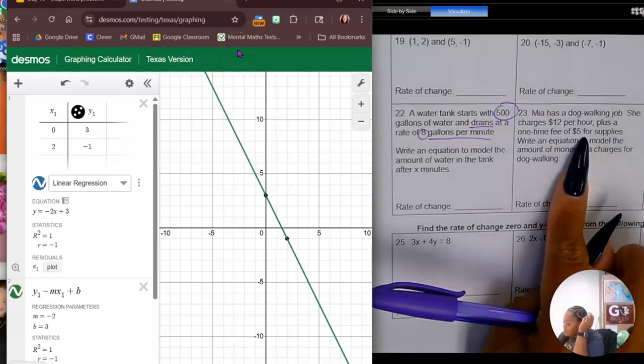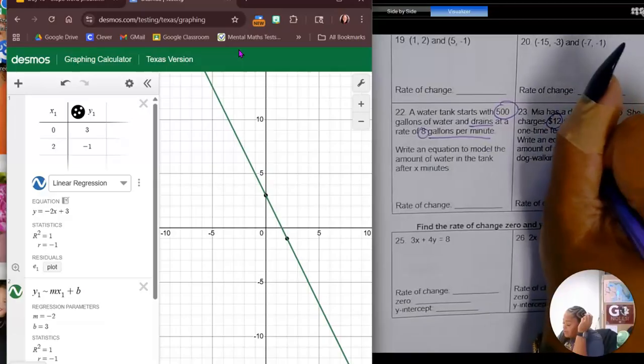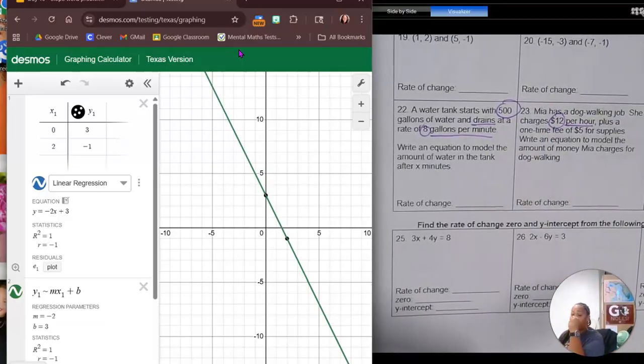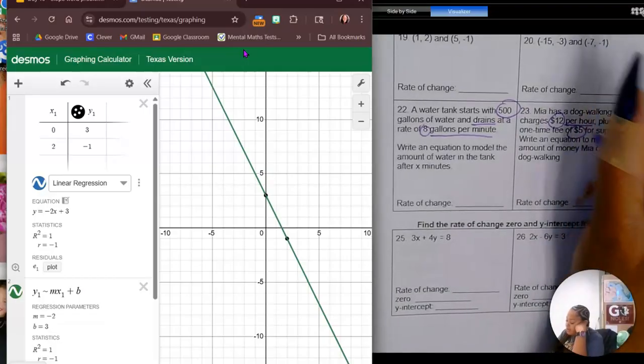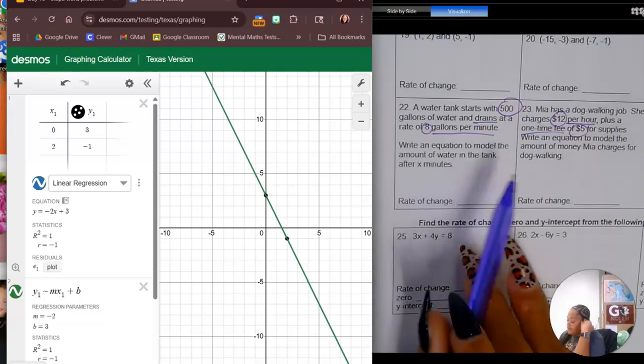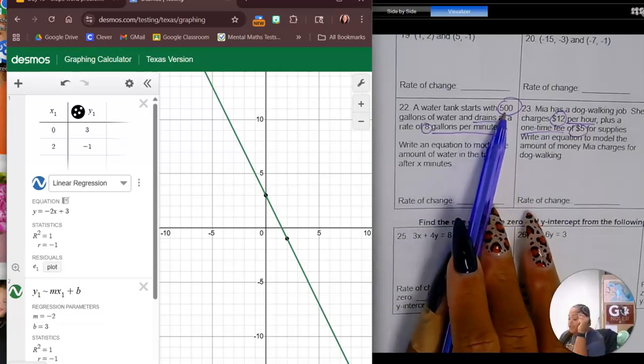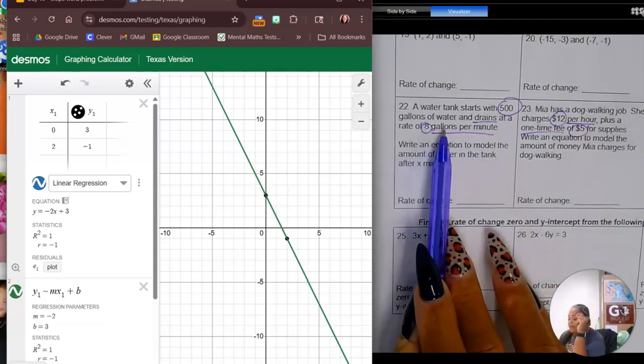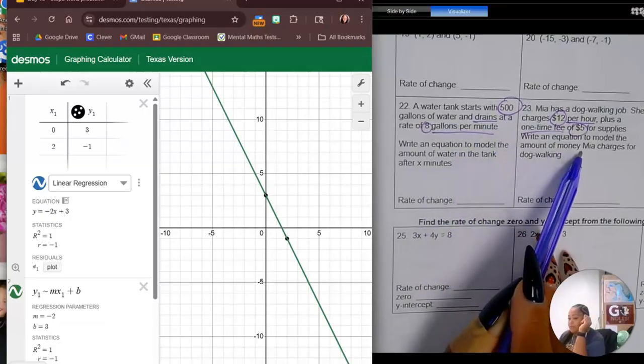This one is going to be my rate by X number of hours in number 23. And this will be my starting value. So my one-time fee means I pay $5 once, and then I pay $12 for every hour after that. This means the tank starts at 500 and then it loses 8 gallons for every minute that passes.